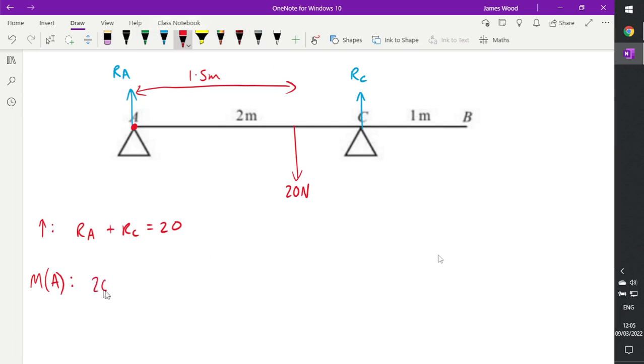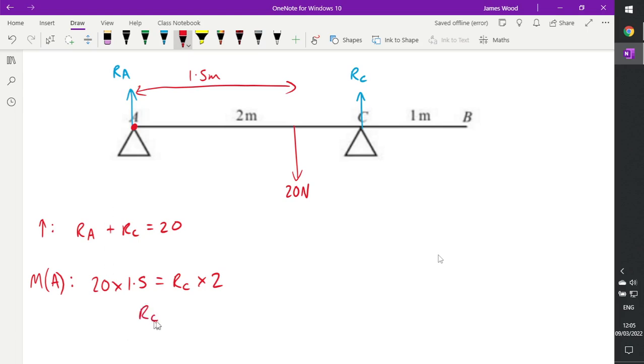So I've got 20 times 1.5, because it's 1.5 meters away, clockwise. That must be equal and opposite to the moment from RC, which is making it go anti-clockwise. So that must be equal to RC times the distance away, which is 2 meters. Because this moment must be the same as this one because it's in equilibrium.